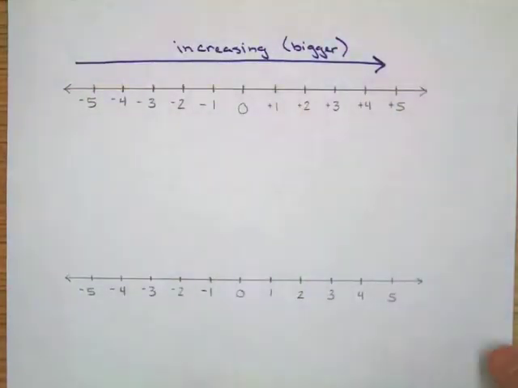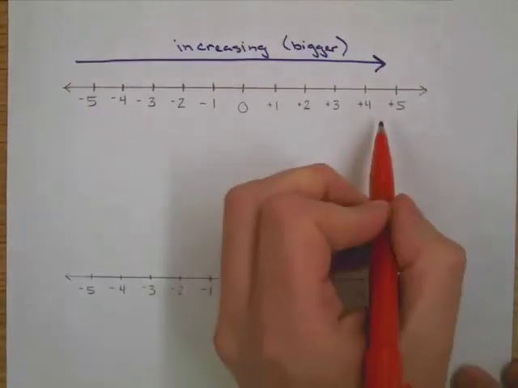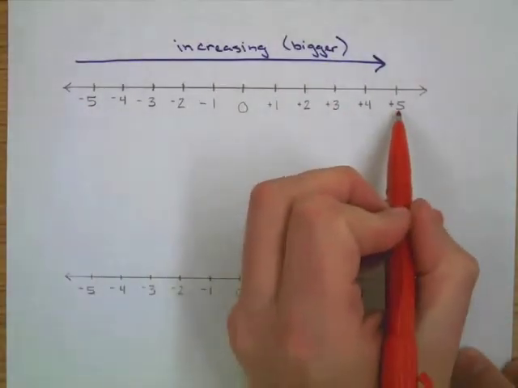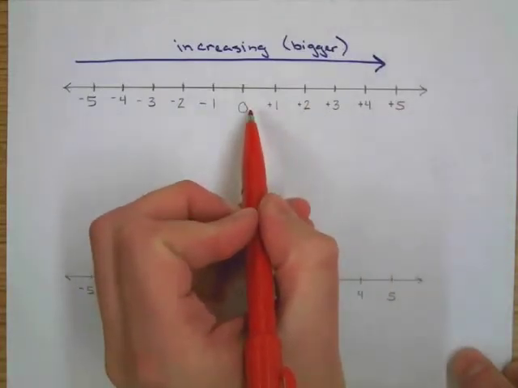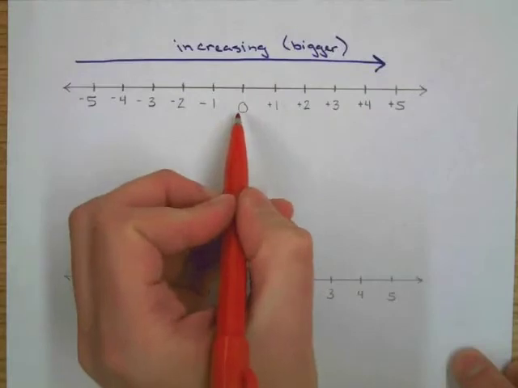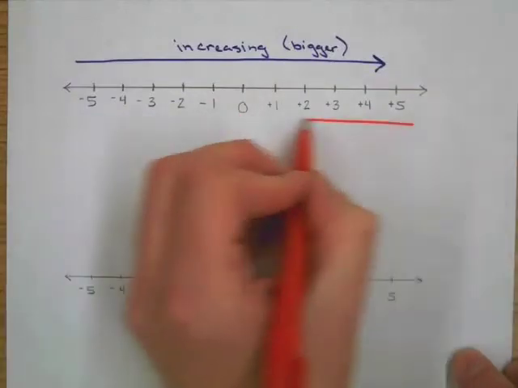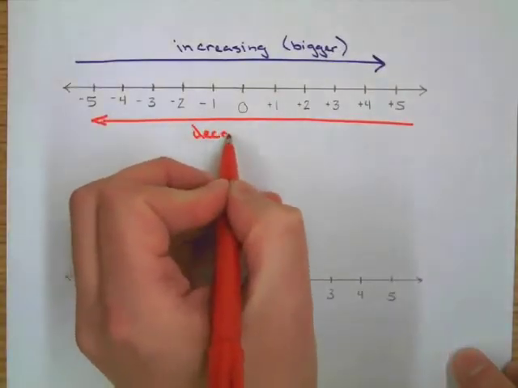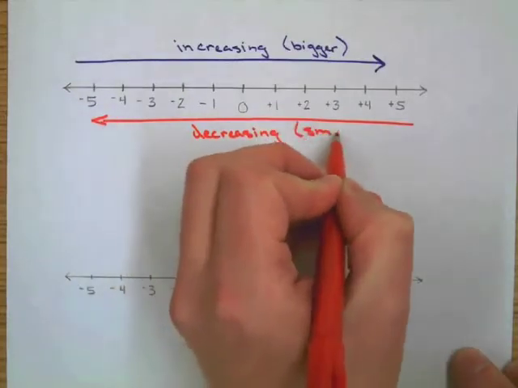And if I'm going the other direction, if I'm going to the left, as I go down, starting in positives, 5, 4, 3, 2, 1, 0, I'm getting smaller. But it continues to get smaller as I continue going to the left. -1, -2, -3. As I go this direction, I am decreasing, getting smaller.